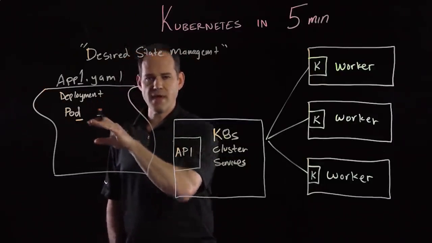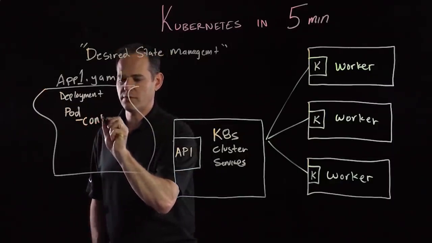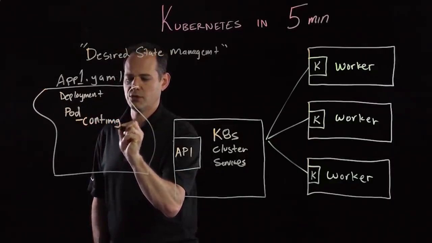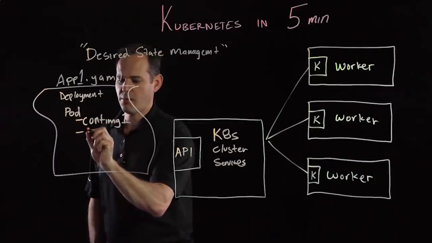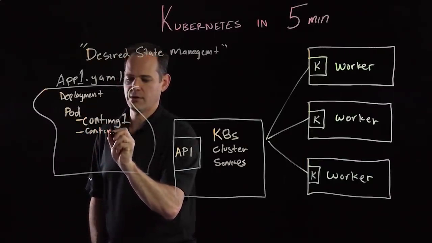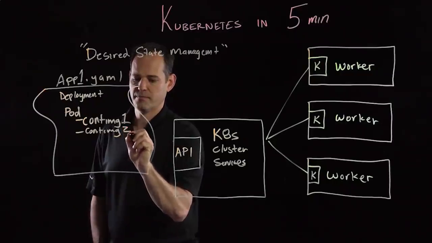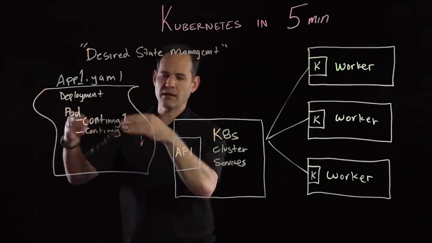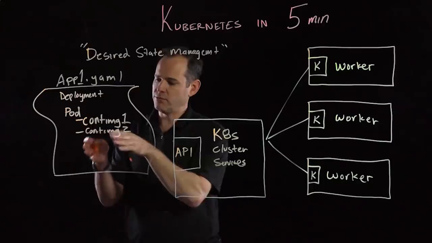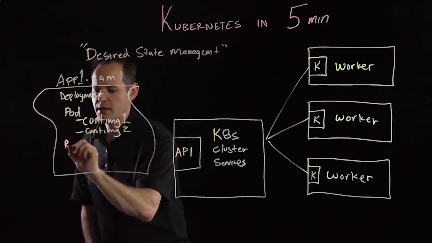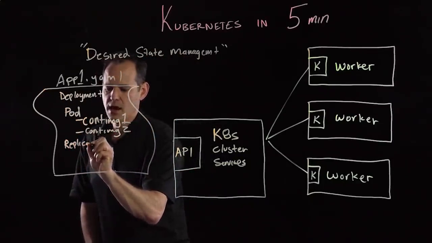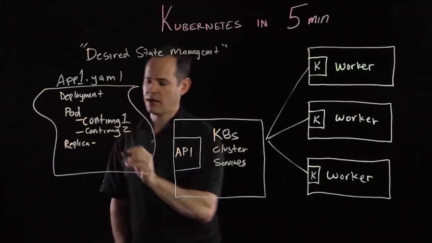In order to run that pod, I need to specify some sort of container image. Maybe I want to have 2 container images. Further down the line, there are other things like what TCP port and where our service is running. The other additional thing is that I'm going to specify how many of these pods need to be running.